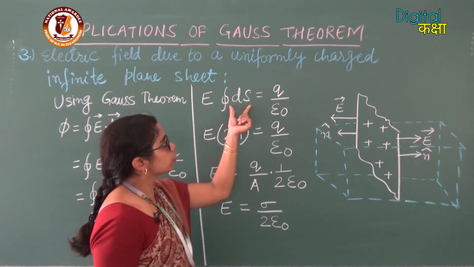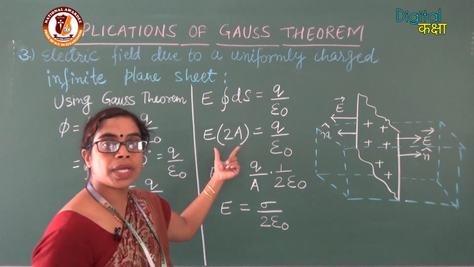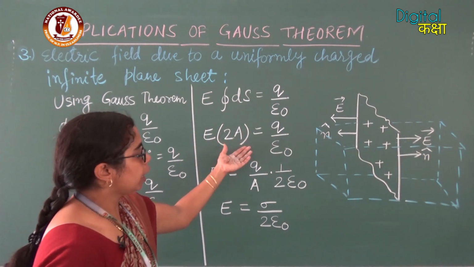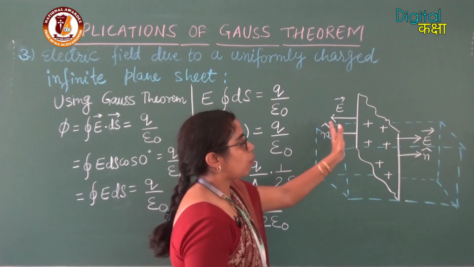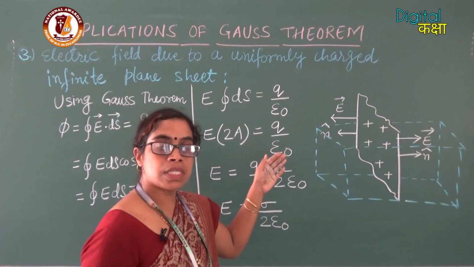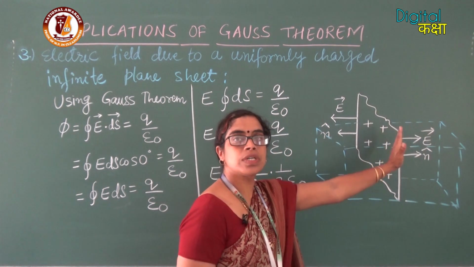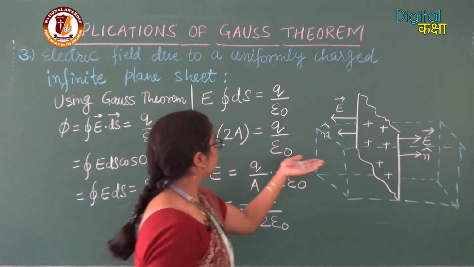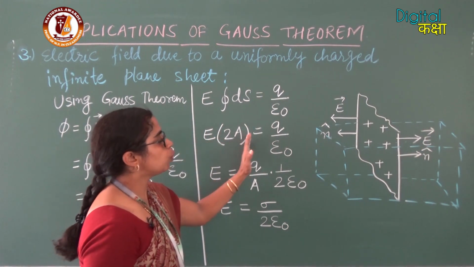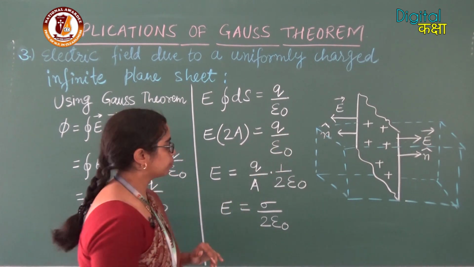The value of the integration of ds will be 2A, where we take A to be the area of the Gaussian surface on one side of the sheet. Since in this case we can calculate the flux towards left as well as towards right, the total value of the flux can be written as E into 2A is equal to q upon epsilon naught.